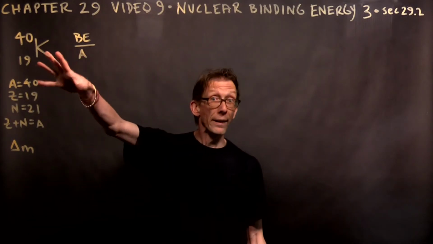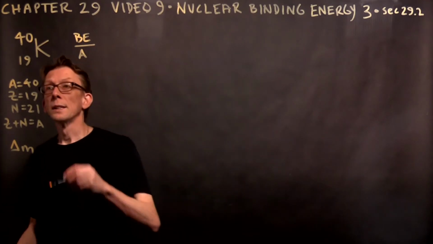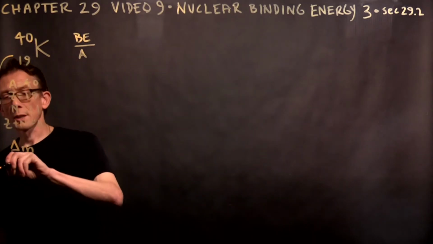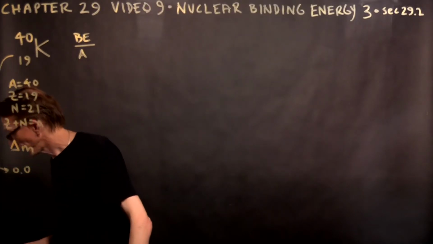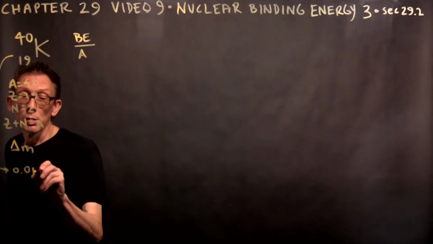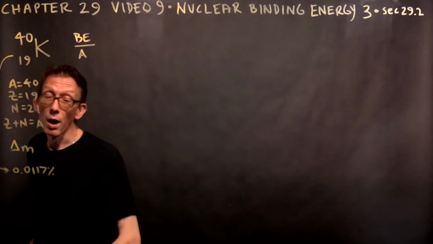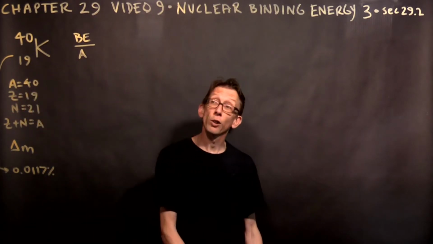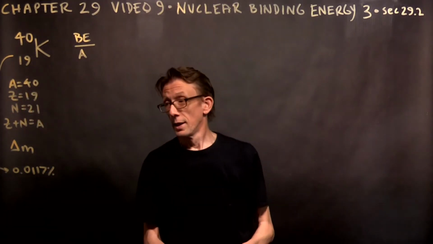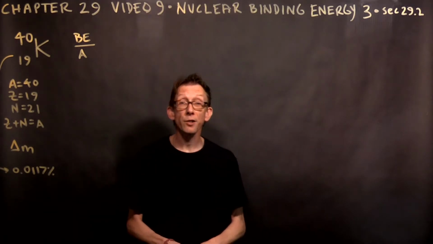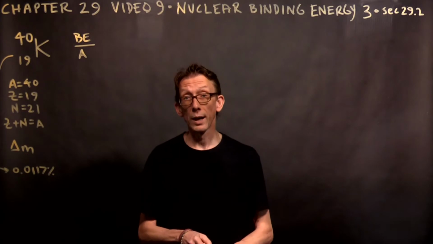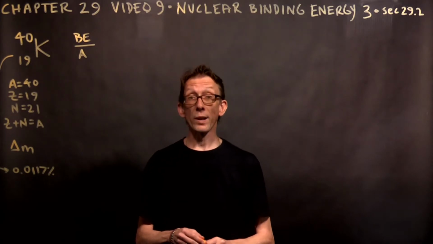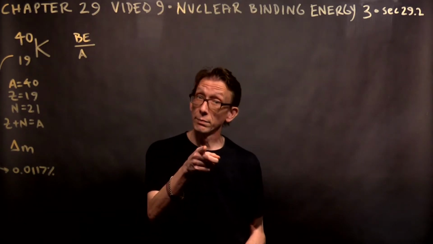Now, by the way, potassium 40 is about 0.0117% of all naturally occurring potassium. So that's about 1 part in 10,000. One nucleus out of every 10,000 potassium nuclei is potassium 40, and it's radioactive.